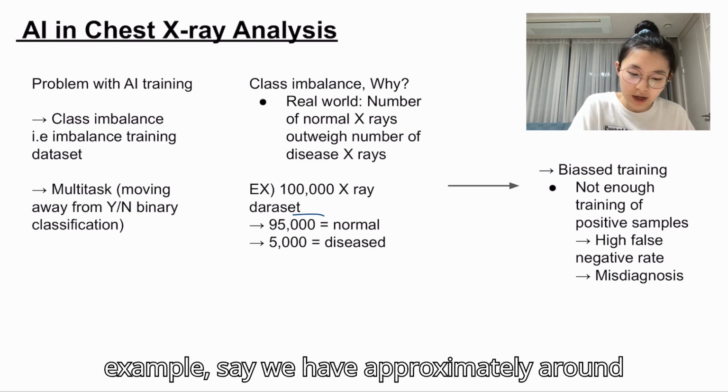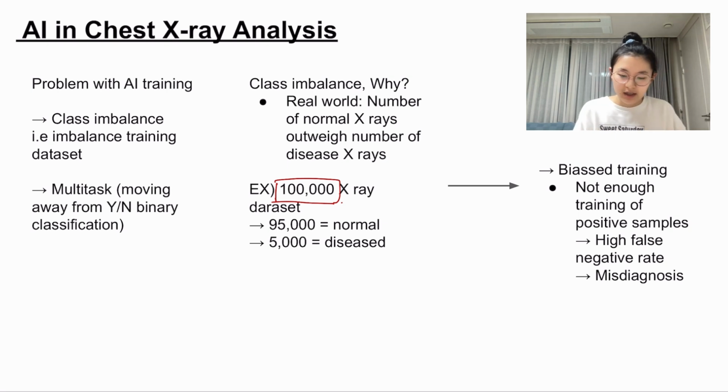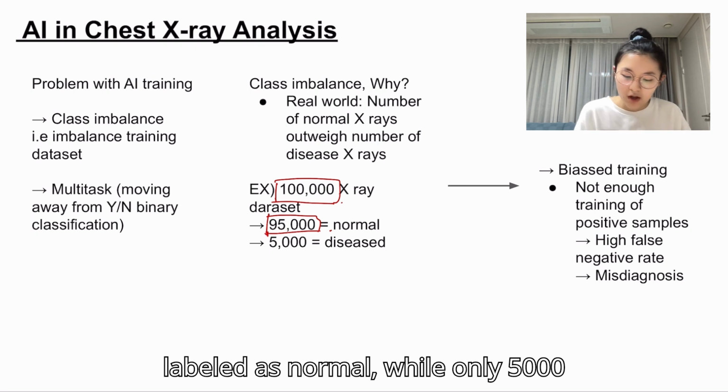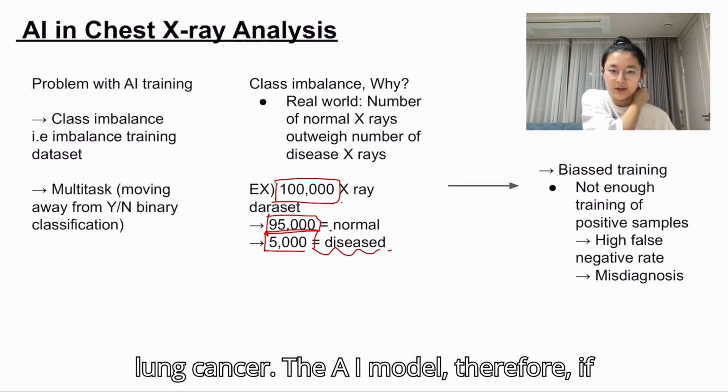So, for example, say we have approximately 100,000 x-ray data sets, and 95,000 may be labeled as normal, while only 5,000 may be labeled as disease or abnormalities such as pneumonia or even lung cancer.